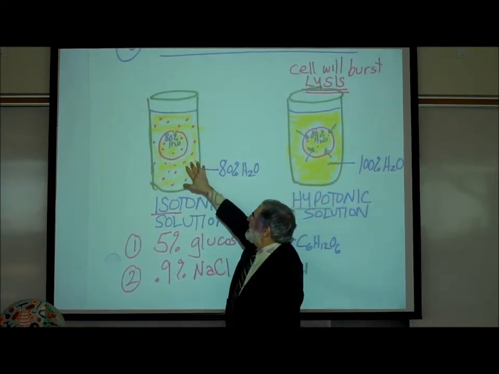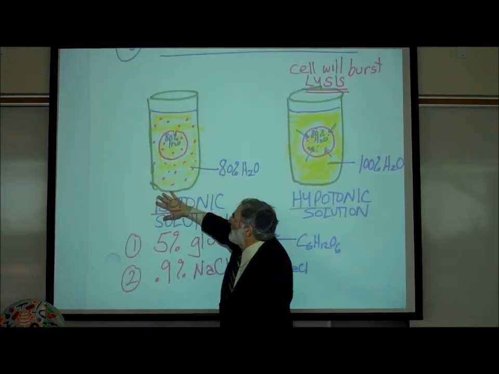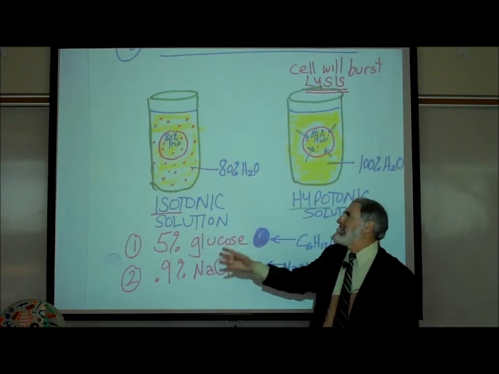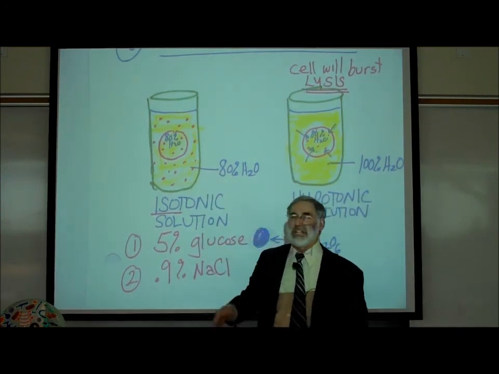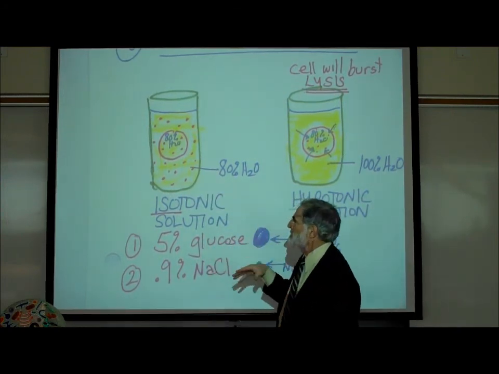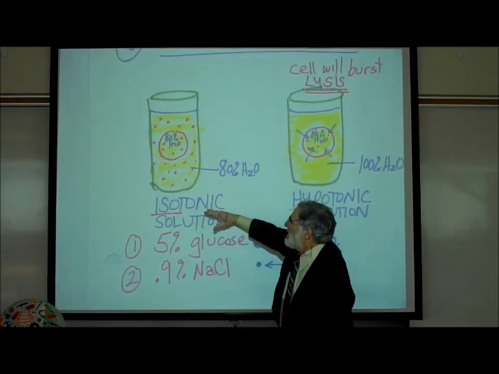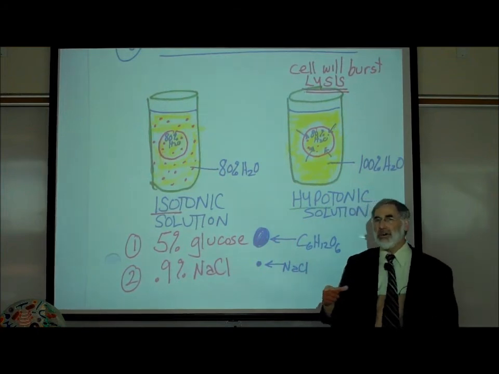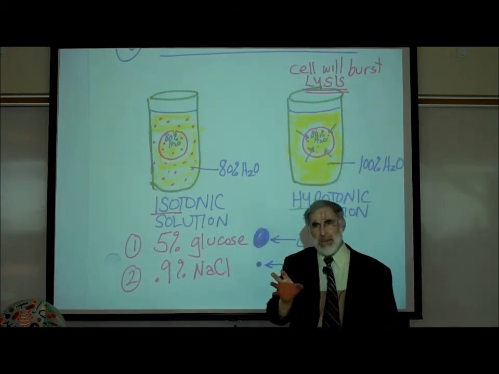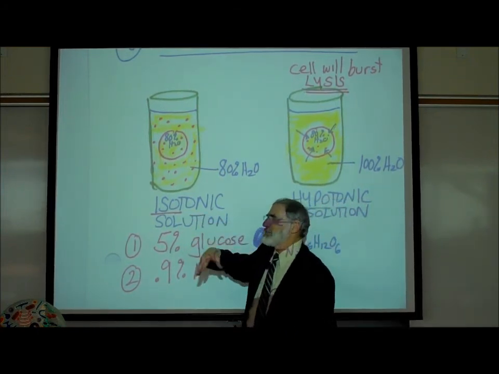Now, if that cell is placed in a solution that is similarly 80% water and 20% other stuff, other solutes, that solution would be called an isotonic solution. Iso is a Greek root that means same, equal, and tonic means strength.